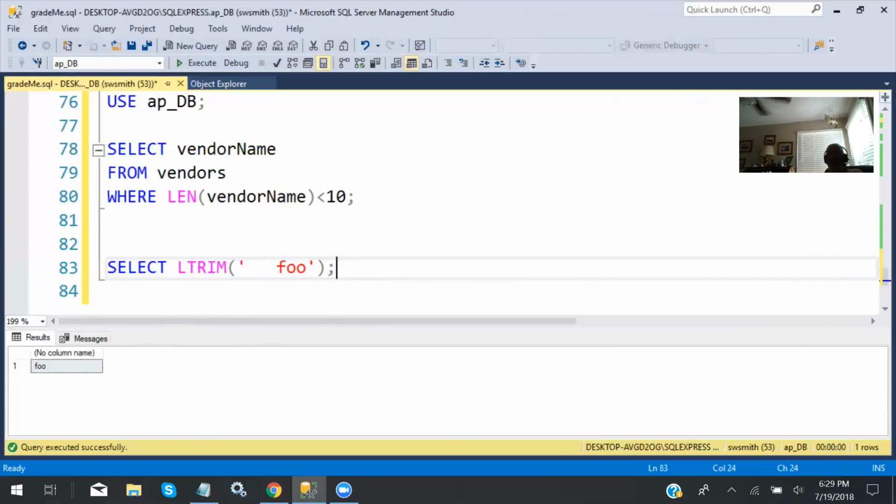Commonly, you do not want the spaces. You do not want leading spaces. You do not want trailing spaces. So we have ltrim, and we have rtrim, left trim, right trim.